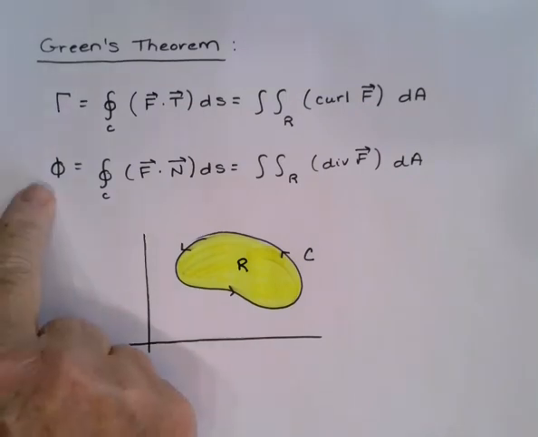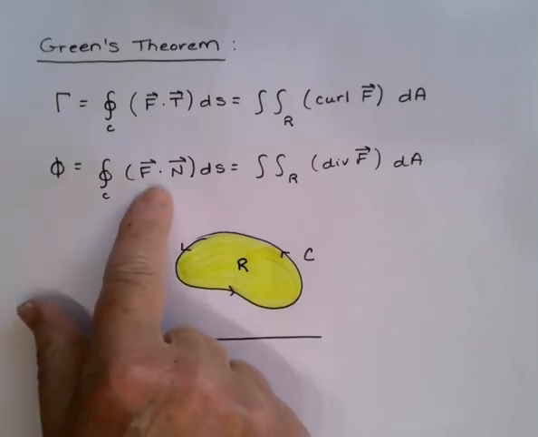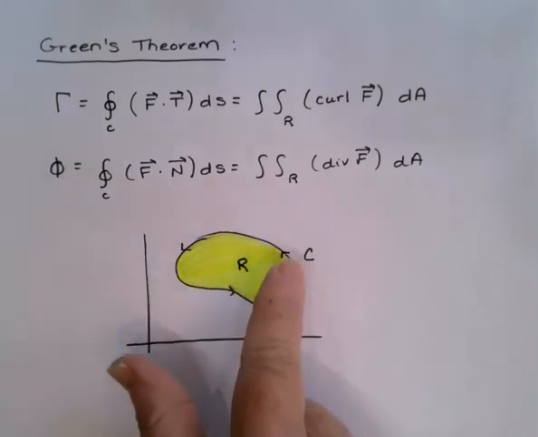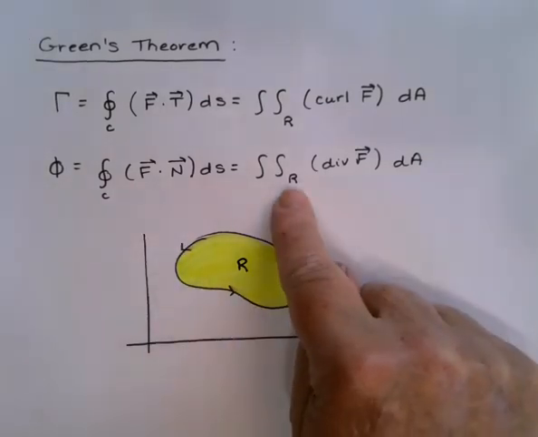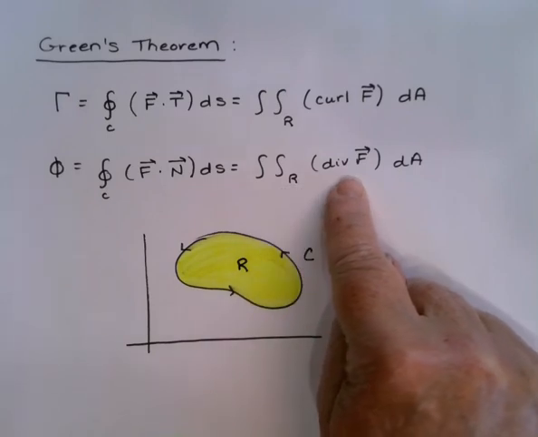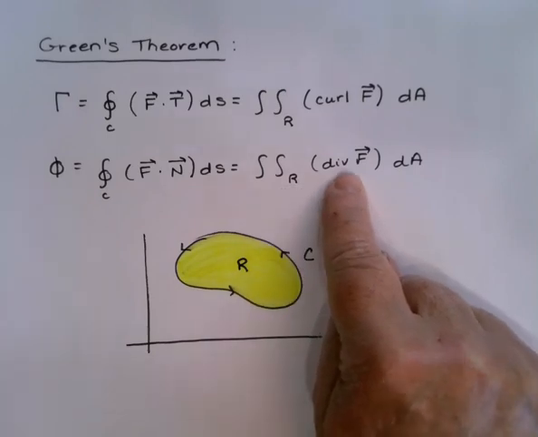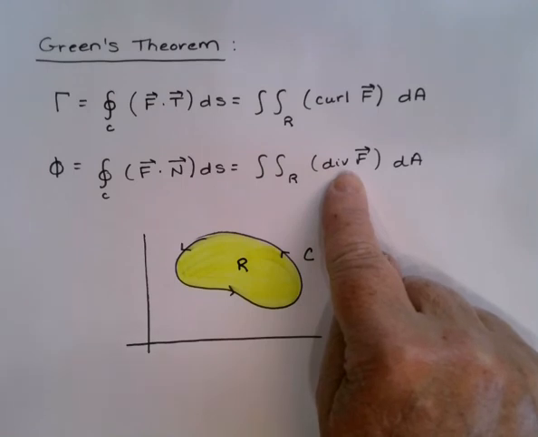Now what about flux? Flux, the integral f dot N ds, was a measure of how much stuff is crossing that boundary. We said before that that was the double integral of the divergence of f. Well, again, what was divergence? It was a measure of how fast a vector field is expanding or contracting.